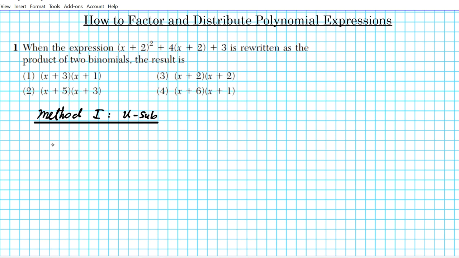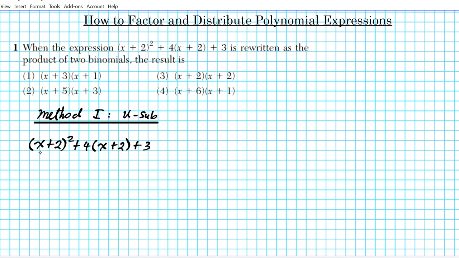So we have this quadratic right here, x plus 2 quantity squared plus 4. Now what you notice is that the quantities in the parentheses are identical, x plus 2, x plus 2. So if we substitute them out with another letter, it results in a quadratic that's in a simplified state.